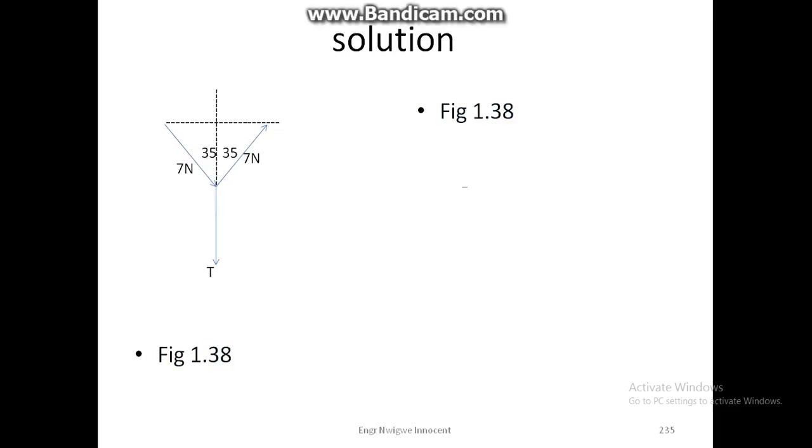Solution. Looking at the diagram, the body is hung by a string, 7 Newton at an angle of 35 degrees at the left and 35 degrees at the right, each to suspend a body T of resultant.